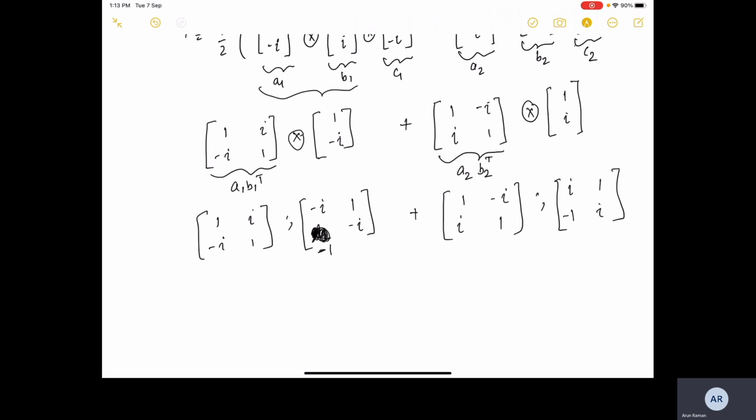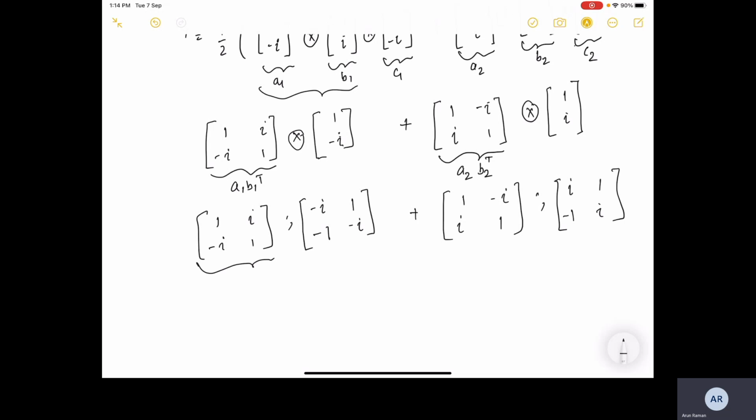I do not know why the eraser is not working.